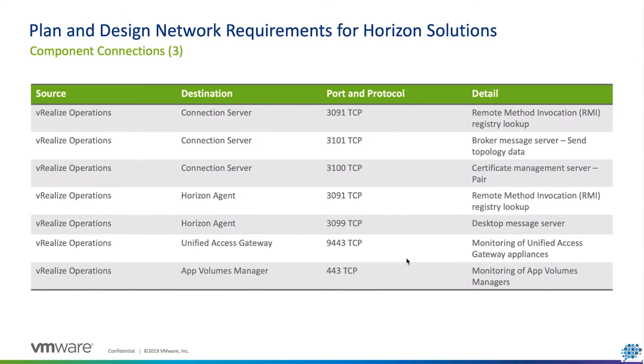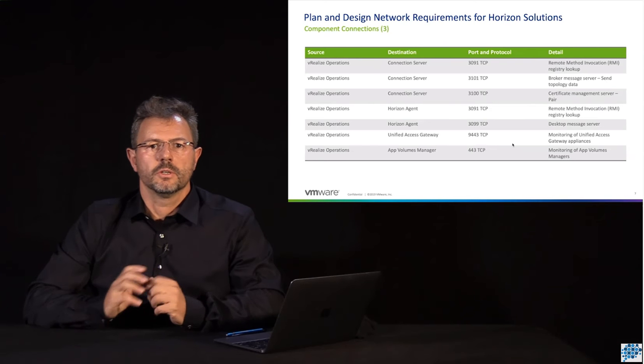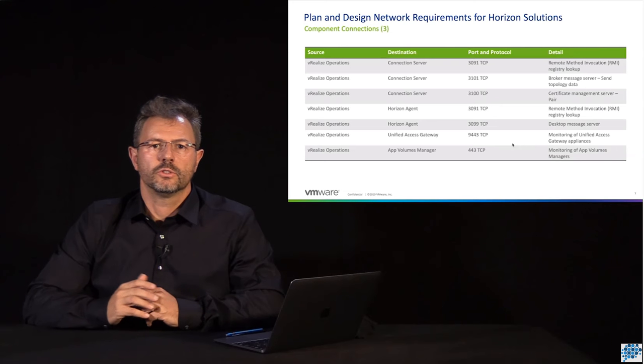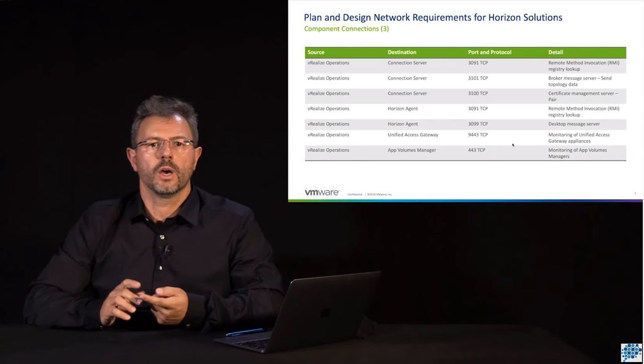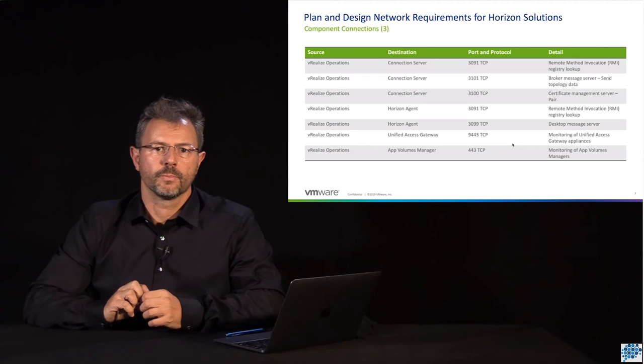If we have vRealize Operations in enterprise environments for performance monitoring, as you can see, we have a lot of other ports which are required by our vRealize Operations agent, which is a part of our View Horizon agent. This performance monitoring agent needs to communicate back and forth with our connection server and our vRealize Operations Manager server backend.